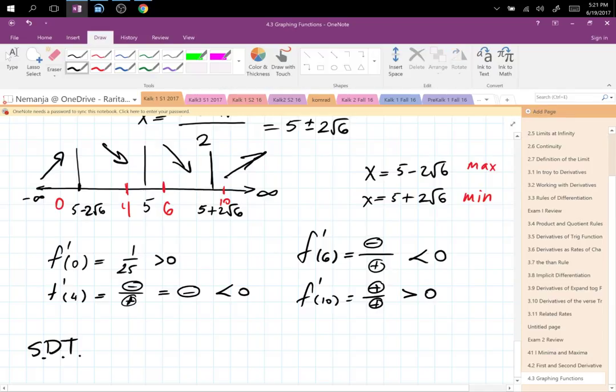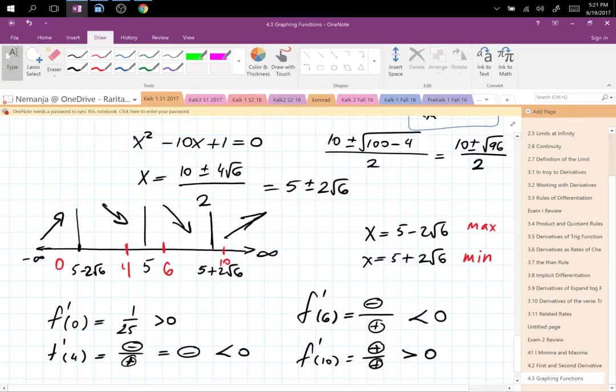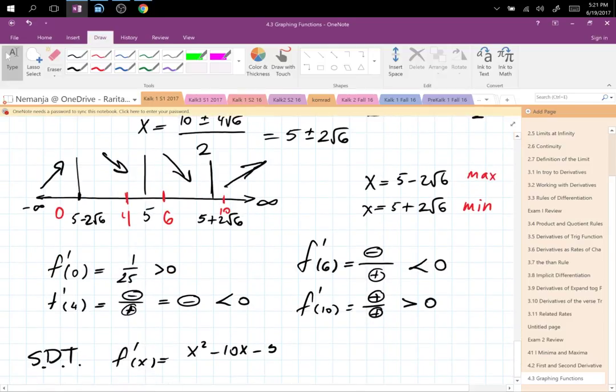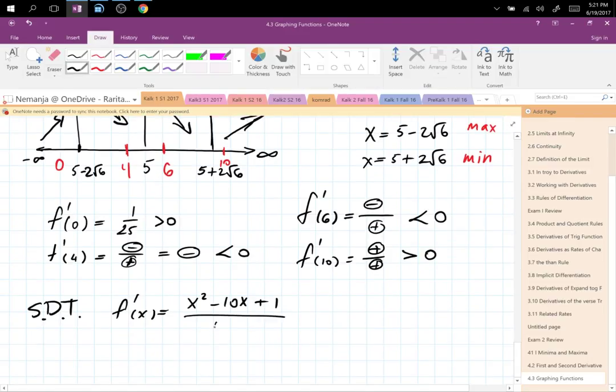Second derivative test. So we have our first derivative as x squared minus 10x plus 1, right? Divided by x minus 5 squared.